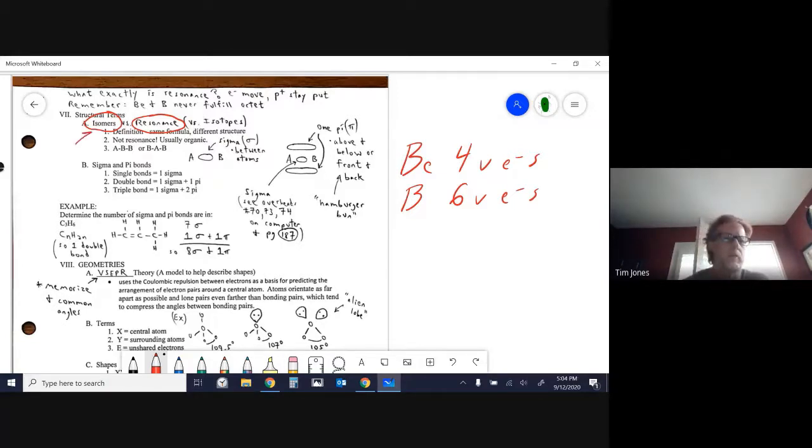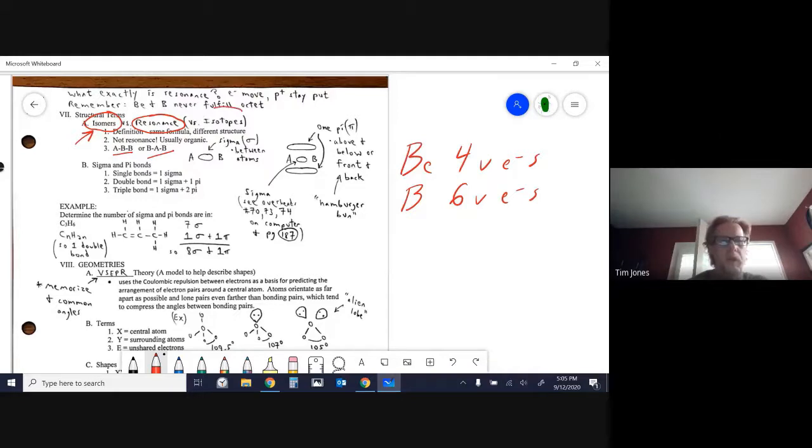Whereas isomers are different molecules, and you typically see that in organic chemistry. And I have kind of a silly example here with the ABB and the BAB. In this case, if B and A were different atoms, this example in number 3, these would be different isomers, and that's not resonance.